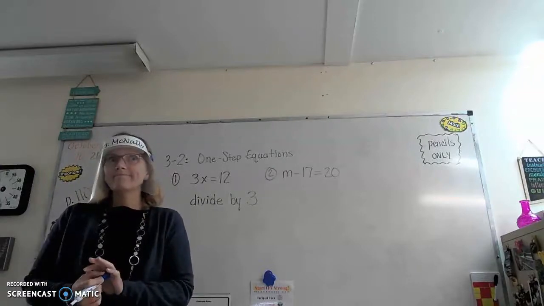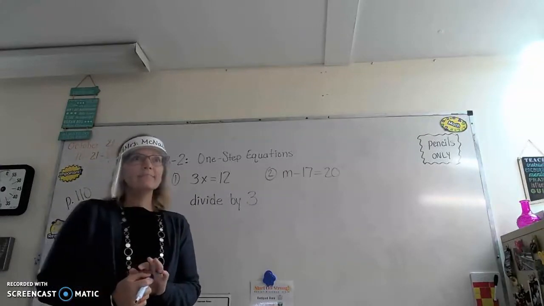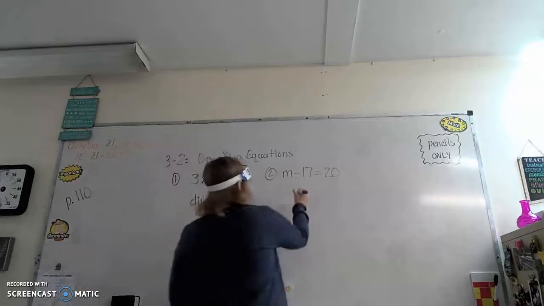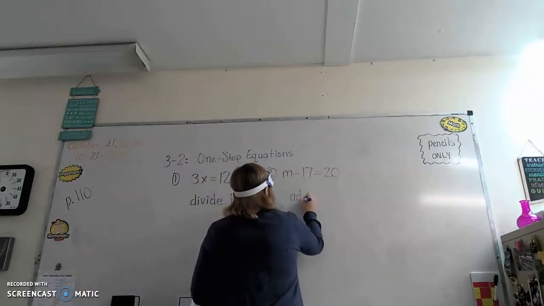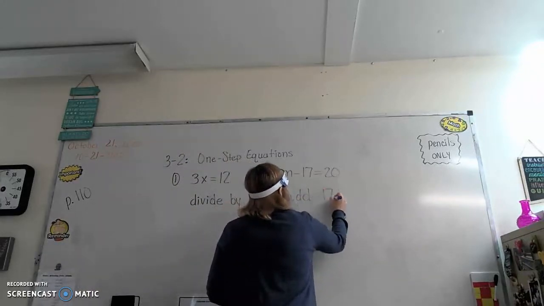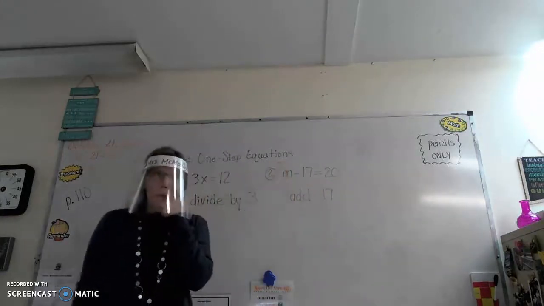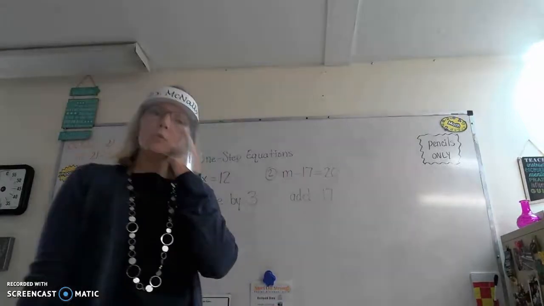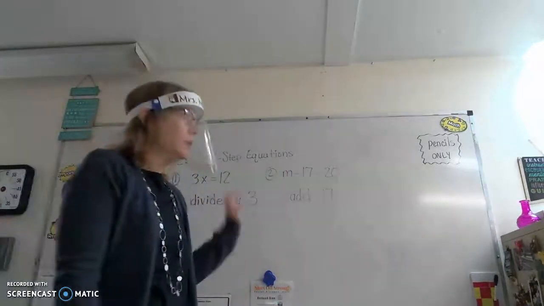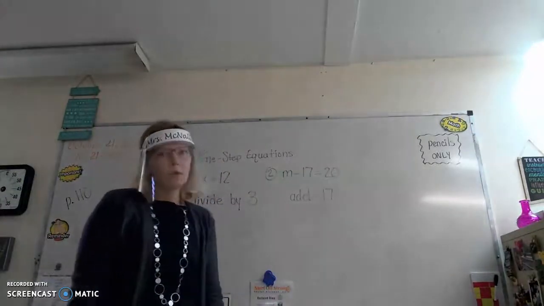You're going to do 17 on both sides. Okay, so you're going to add 17. Remember, you look at what's happening to the variable and you do the opposite. So since 17 is being subtracted from m, we're going to do plus 17 to solve.